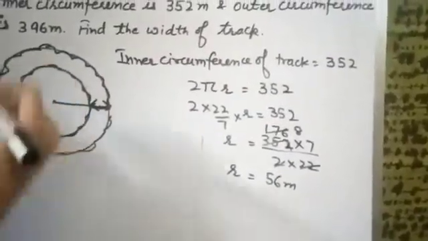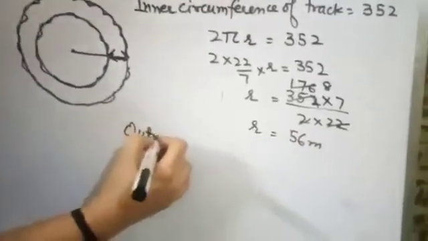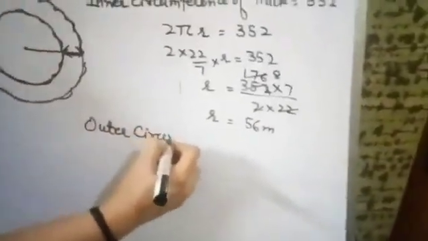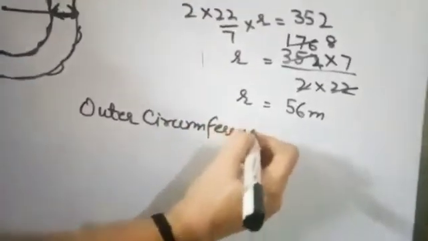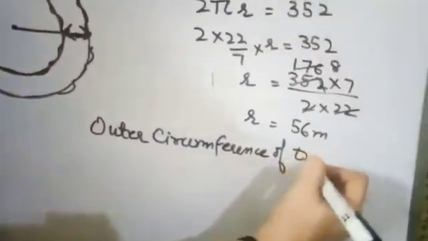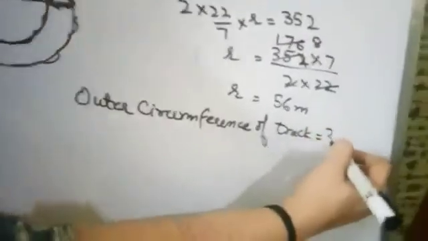We now have the outer circumference of the track, that is given to us, 396 meter.